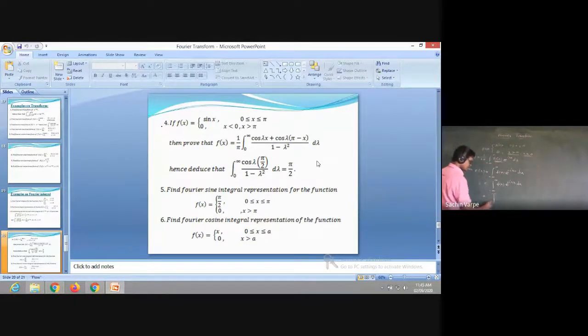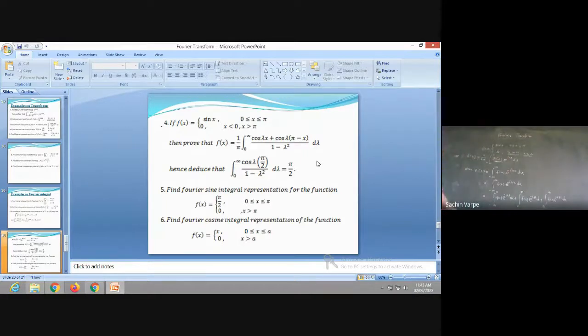So minus infinity to 0 f of x e to the power minus i lambda x dx plus 0 to pi f of x e to the power minus i lambda x dx plus pi to infinity f of x e to the power minus i lambda x dx.